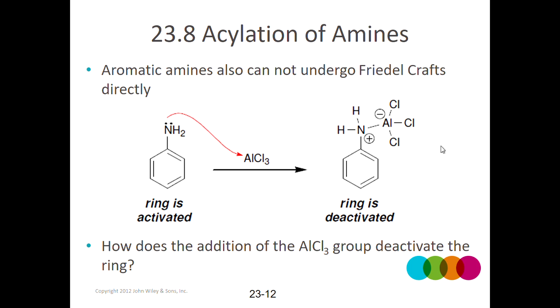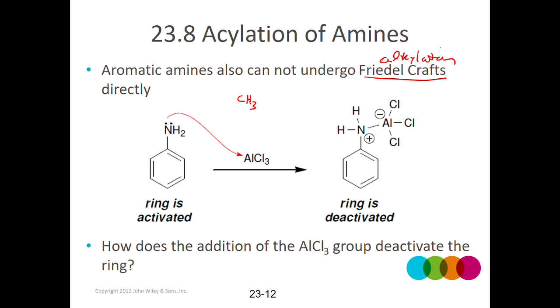Another example of that, if I wanted to do a Friedel-Crafts reaction on aniline, that wouldn't work very well. Right? Normally in the Friedel-Crafts reaction, let's say we're doing a Friedel-Crafts alkylation, let's just keep it simple.